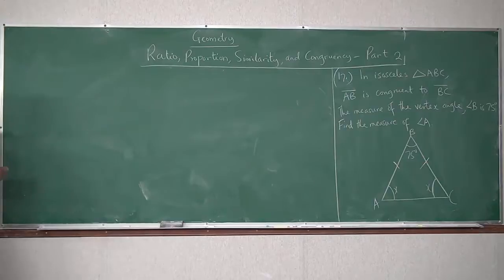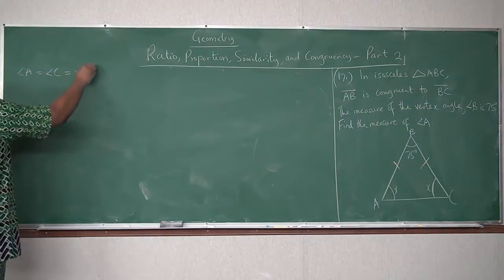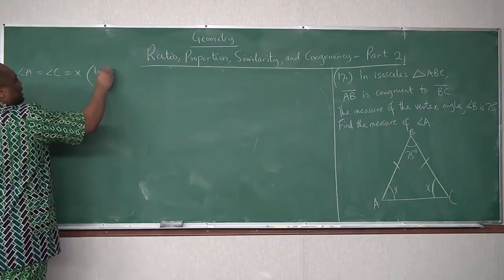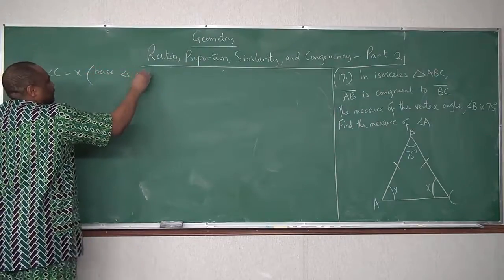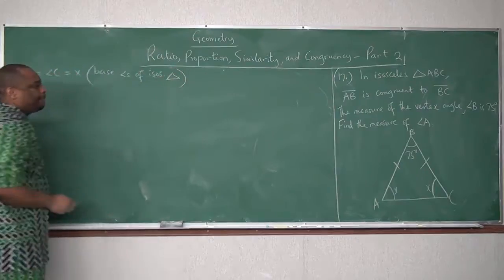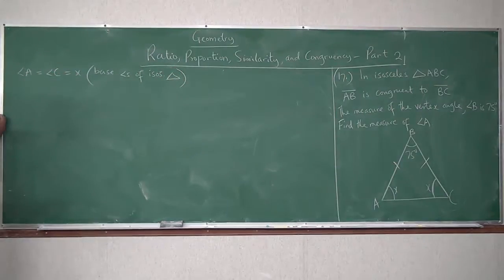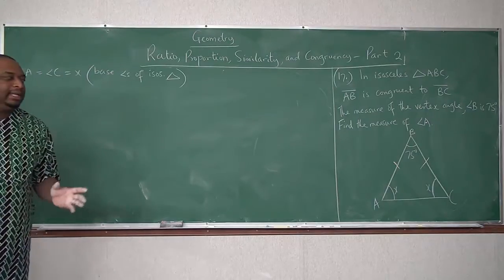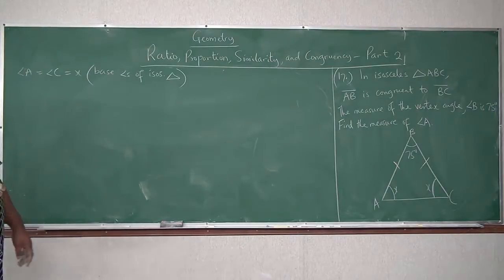So we see that angle A is equal to angle C, which is X. Reason, base angles of isosceles triangle are congruent.